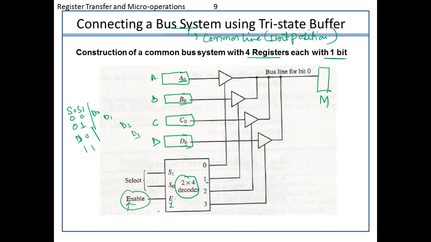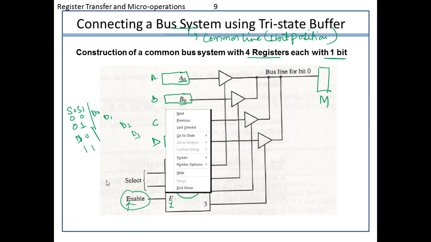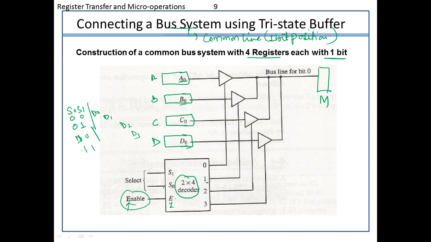So if enable is equal to 1 and there is a certain value here, this value decides which of the registers A, B, C, or D is going to transfer its data. Let's suppose the value of the selection line is 0 1.